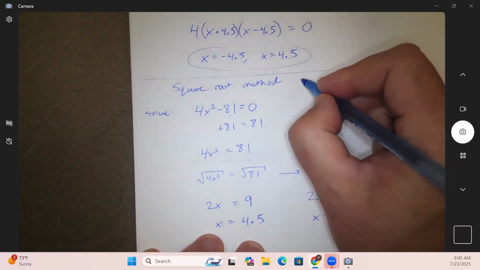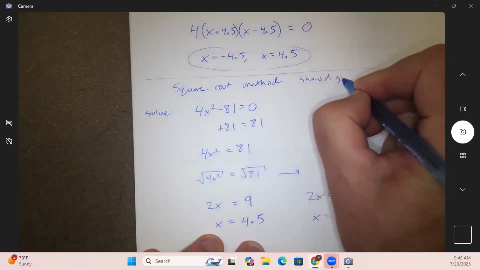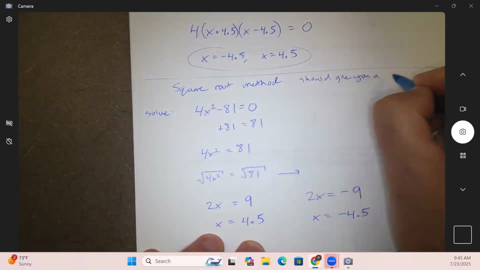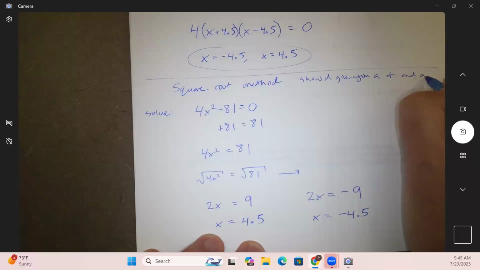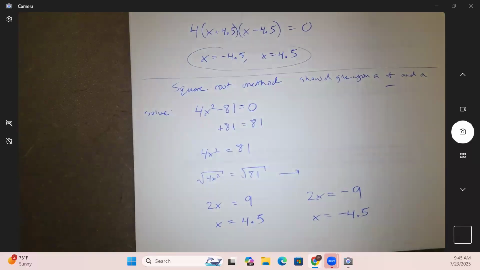So the square root method should give you a plus and a minus. And that's something that you have to remember as you do it.